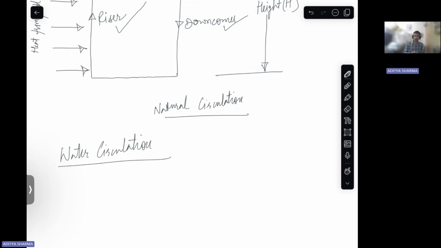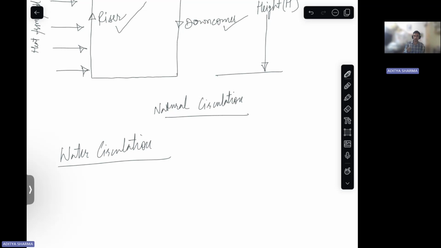When your pressure is greater than critical pressure, in that case, we do not need a separator that separates your water from your vapor, because there are no intermediate stages, right?